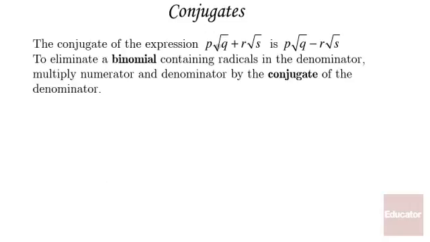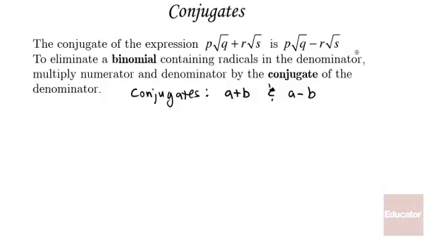For example, just forgetting the radicals for a second, to be really simple, here's a pair of conjugates, a plus b and a minus b. Same terms, but this is the sum, and the conjugate of that is the difference. And the other way around, the conjugate of a minus b is the sum, a plus b.